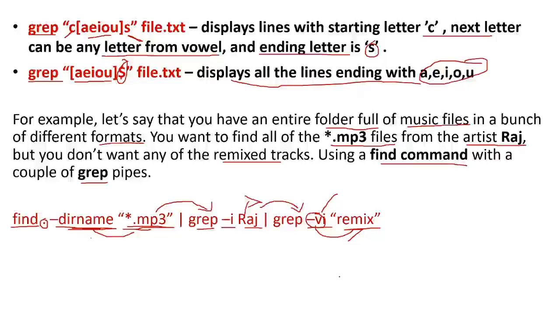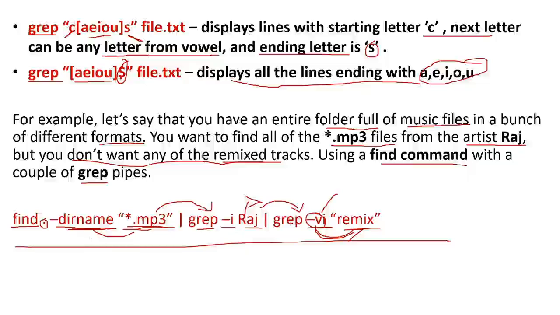As they have told you, you don't want any of the remix files, so whichever is not matching with remix will be displayed here. This is how you can combine multiple commands and search for any particular pattern you want from the input of the file.